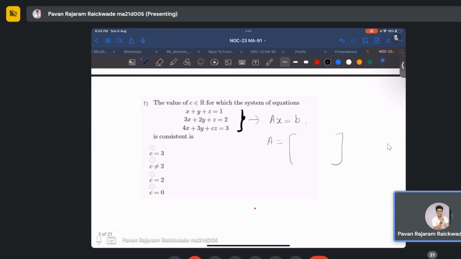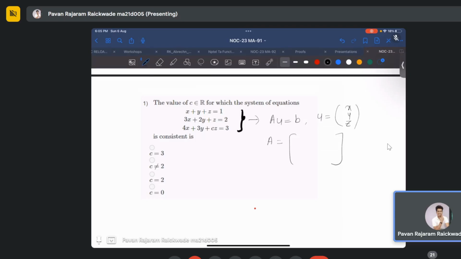When I say x, don't confuse it with the already existing variables x, y, z. Maybe I'll write something else. What should I write? A u equals b, maybe, let's say. The u is your vector x, y, z.